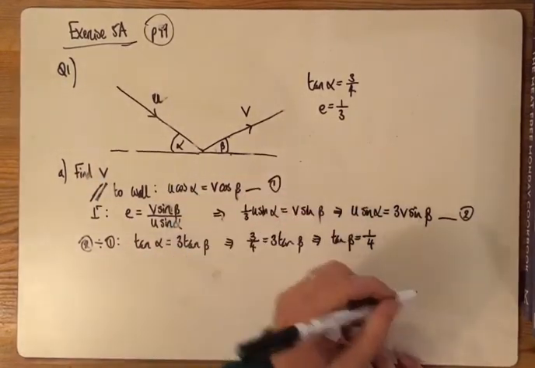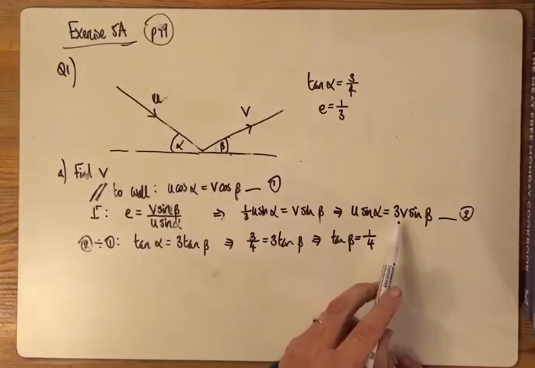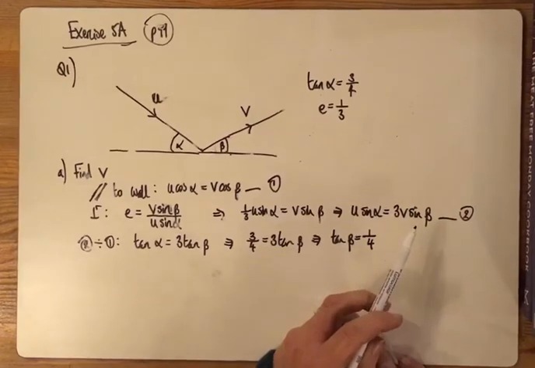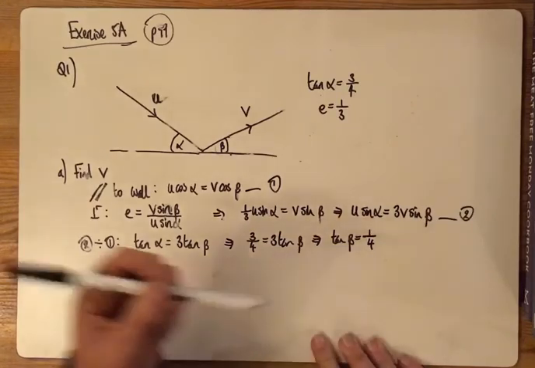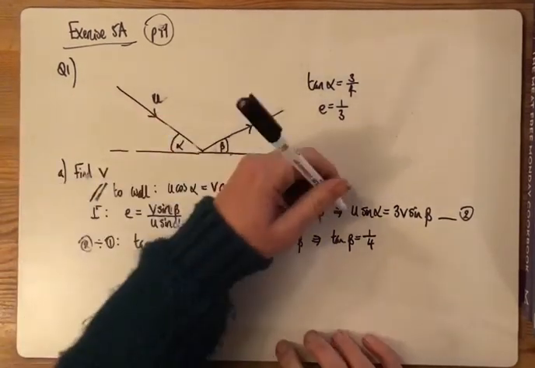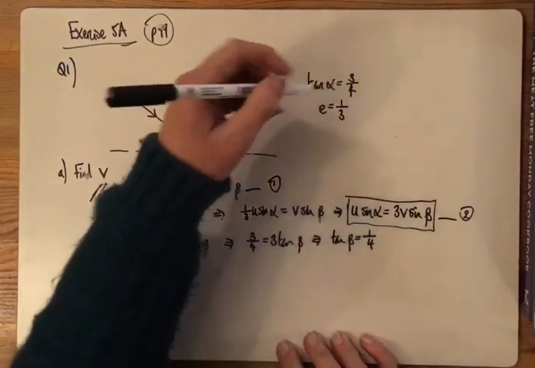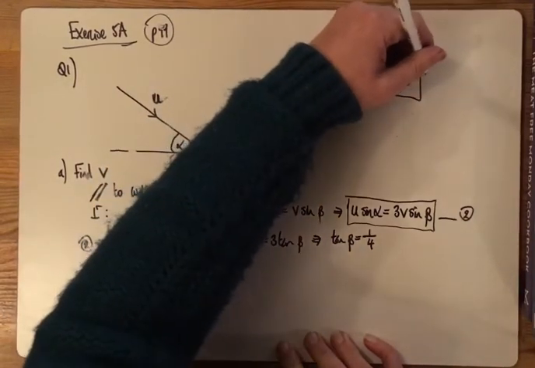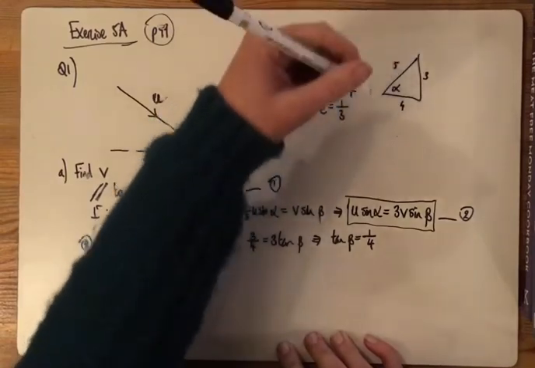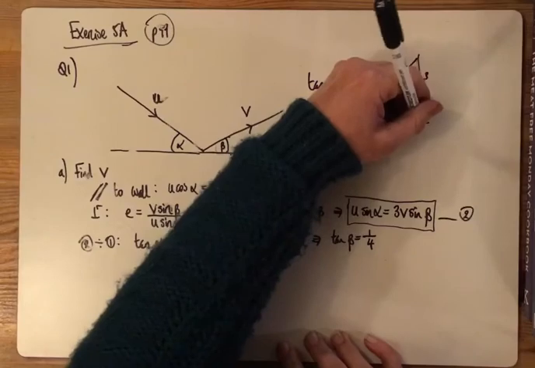So you could use this one, or you could use this one to get to the velocity now. I'll use this one here, but either is fine. So if tan alpha is 3/4, you're in a 3, 4, 5 triangle, and so sine alpha is equal to 3/5.